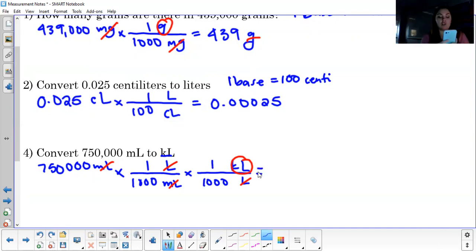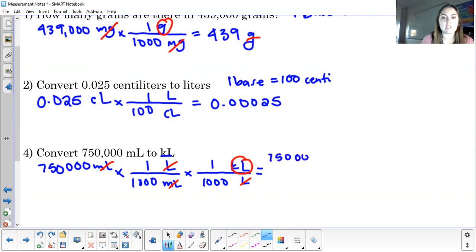Now it's time for me to do some math. All right. I'm going to simplify this a little bit for us. Of course, there go the lights. That's just how it works. You guys know that. I've got the top here, 750,000 times 1 times 1. That's just 750,000. 1,000 times 1,000 is 1 million.